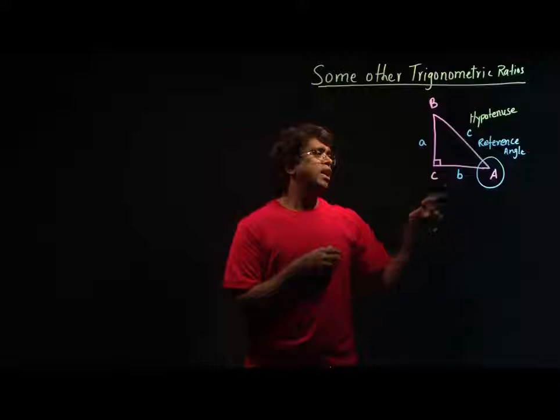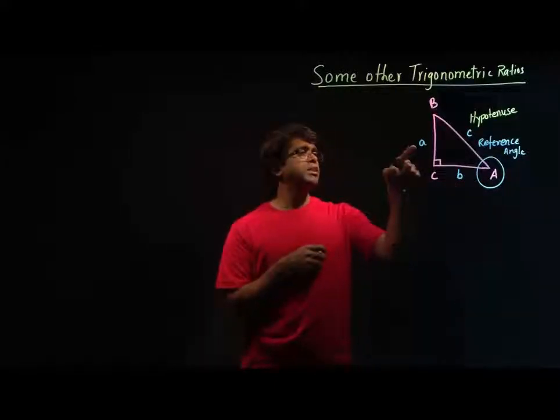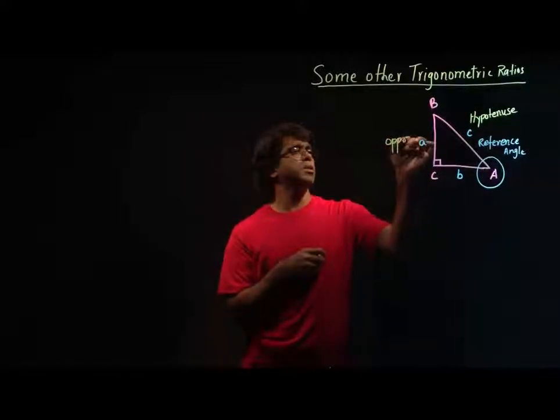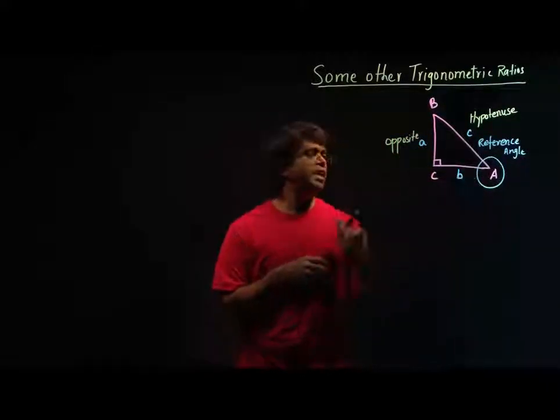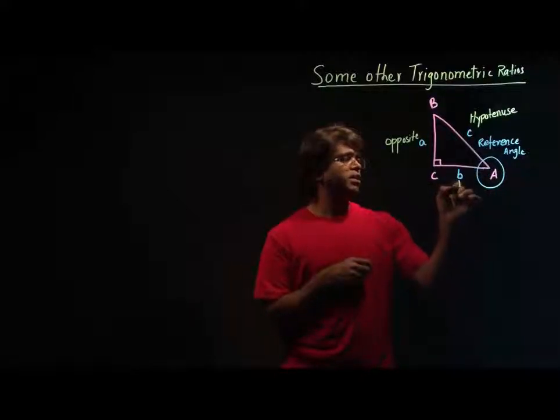Since A is my reference angle, the name of the side opposite to the reference angle is opposite, so a will be my opposite. The name of the side next to the reference angle is b, and that side would be adjacent.